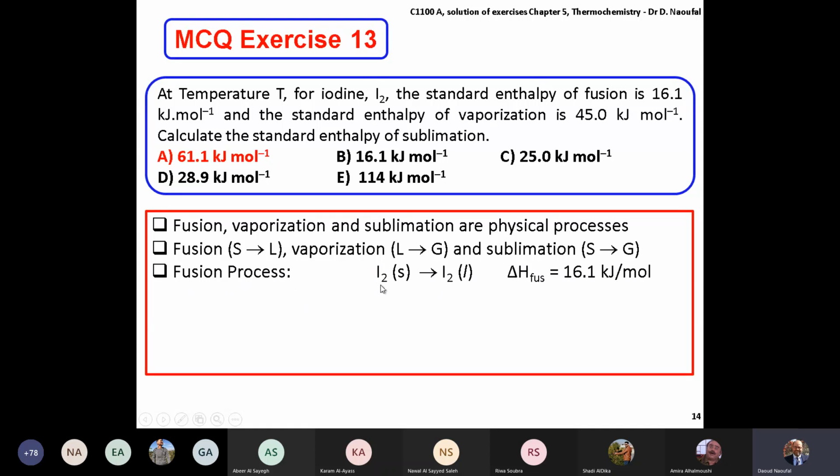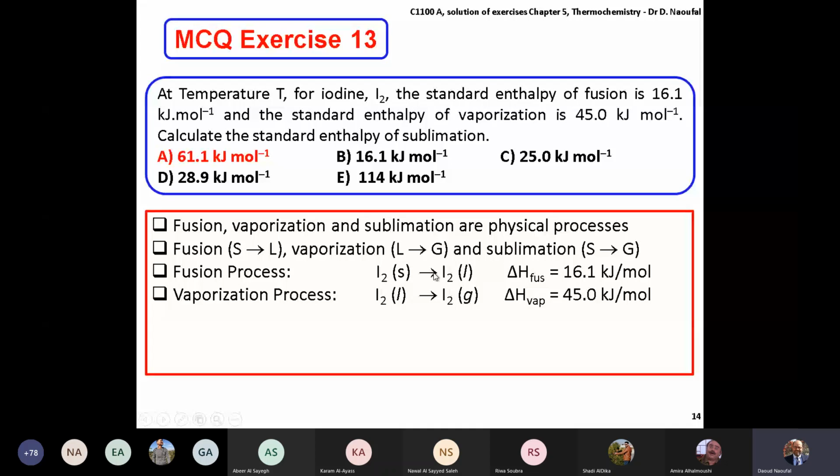Fusion process means I2 solid is transformed to I2 liquid, and delta H of this transformation is delta H fusion equals 16.1. This is a given value. Vaporization: we transform I2 liquid to I2 gas, and delta H of this transformation is the given delta H vaporization. Pay attention that the fusion and the vaporization occur at constant given temperatures.